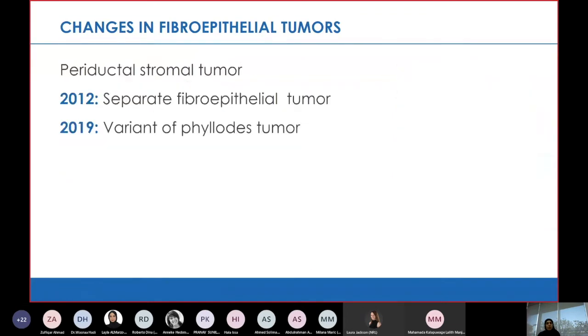The other change in fibroepithelial tumors: periductal stromal tumor was a separate entity in the fourth edition, but they decided in the fifth edition to make it a variant of phyllodes tumor.